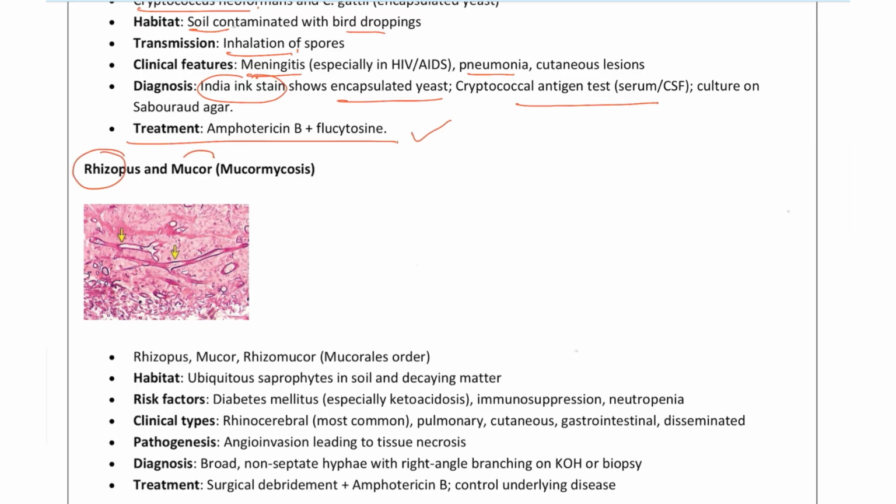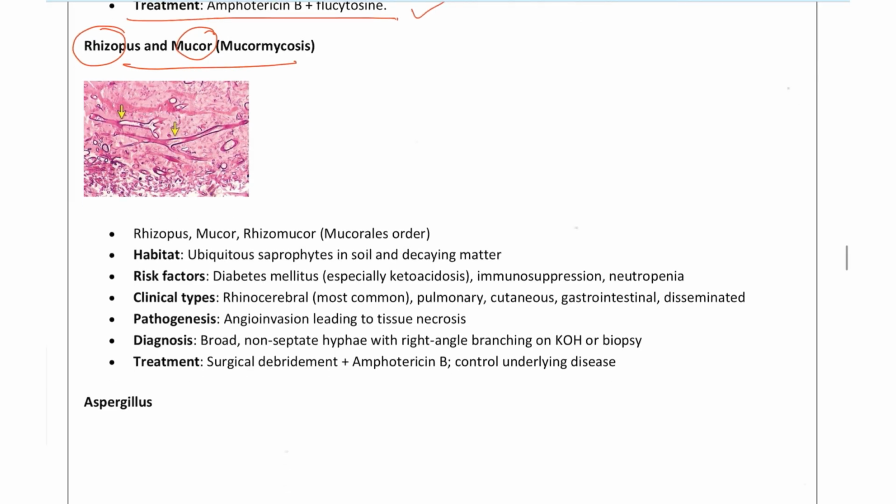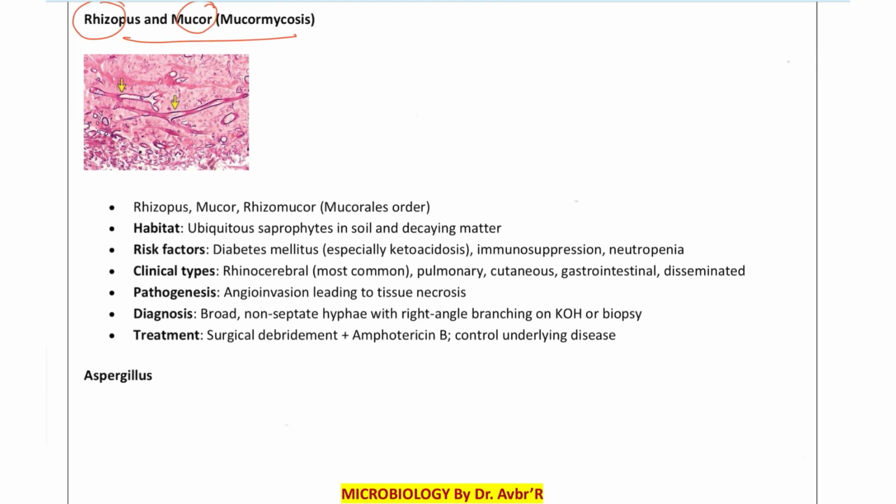Next, Rhizopus and Mucor. These cause mucormycosis, and they are very dangerous infections, because those who are immunocompromised, like those with diabetes mellitus, immunosuppression, or neutropenia, are very prone to it, and they can easily cause angioinvasion.